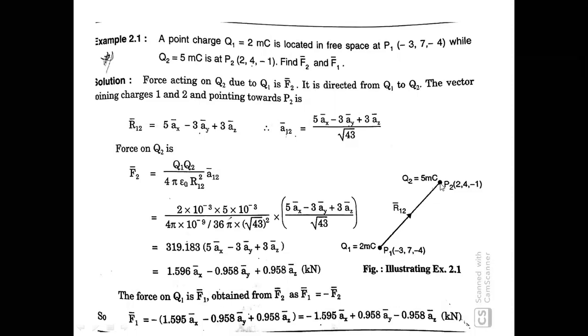Here is charge Q2, located at 2, 4, minus 1. They are separated by a distance capital R. Now there is a vector joining these two charges. When I move from charge Q1 to Q2, this is the vector joining them.